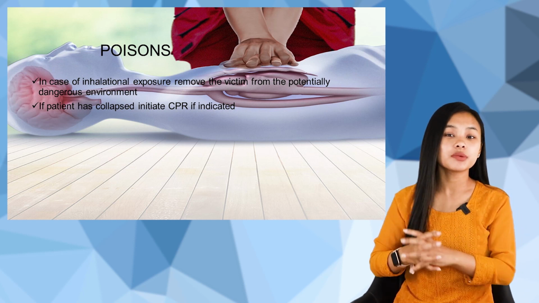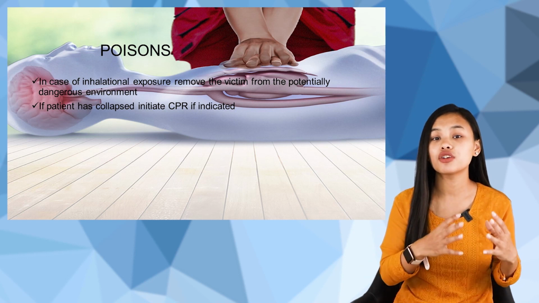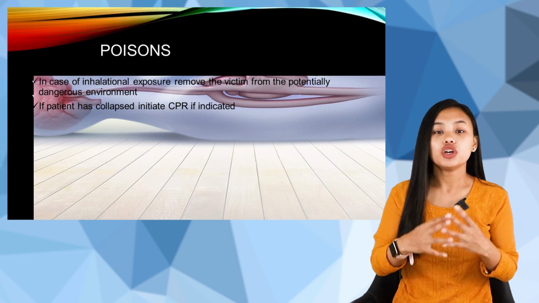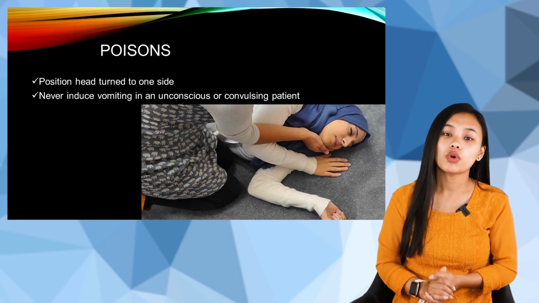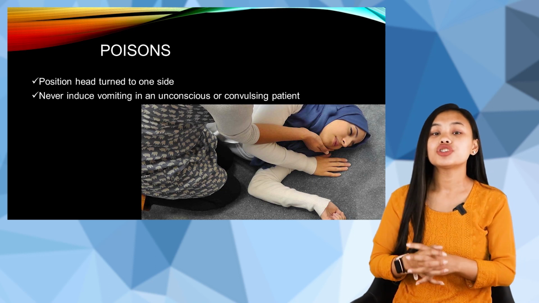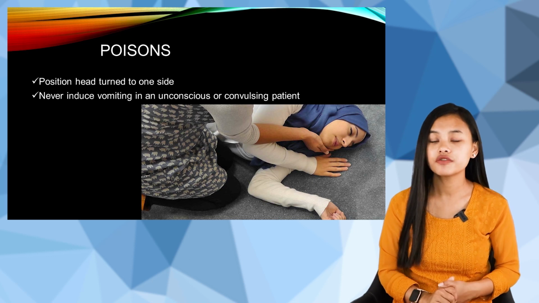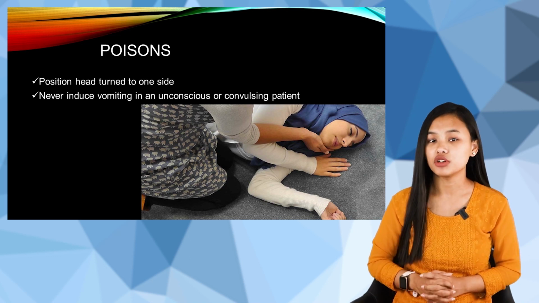And if because of this the patient had collapsed, then you can also perform the CPR, that is the cardiopulmonary resuscitation. You should also position the head on one side, and you should never induce vomiting in an unconscious or in a convulsing patient. So these are the various things you can do if you encounter cases of poisoning.